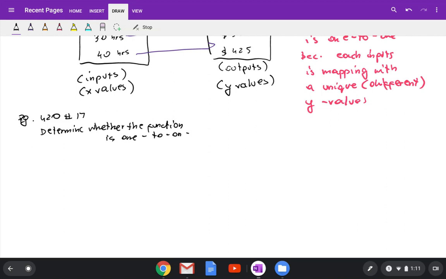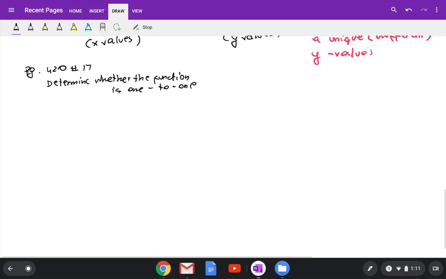And they give you a different scenario. Right now, they give you the original function, and they list some of the points from that function, ordered pairs. So we have 2 comma 6, then we have negative 3 comma 6, 4 comma 9, 1 comma 10. And we have to decide if this function is one-to-one.